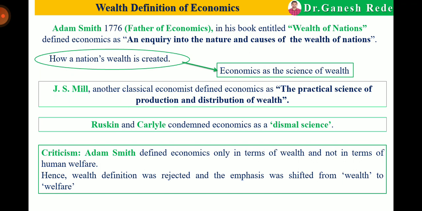It is Wealth of Nations, and in his book he defined economics as an inquiry into the nature and causes of the wealth of nations. This is the definition given by Adam Smith.